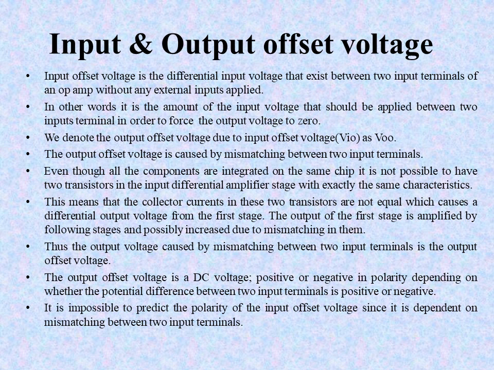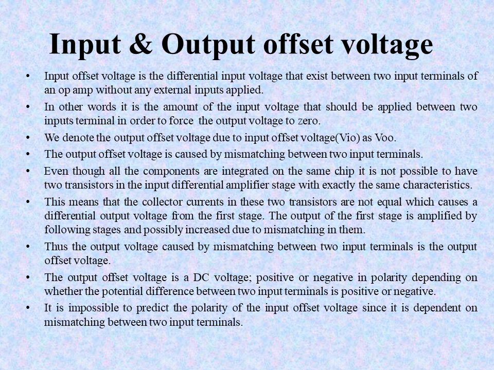It is impossible to predict the polarity of the offset voltage since it depends on the mismatching between the two input terminals. We cannot predict what type it will be, because we don't know what type of mismatching occurs between the two transistors of the two stages. So we can only say that it is either positive or negative.